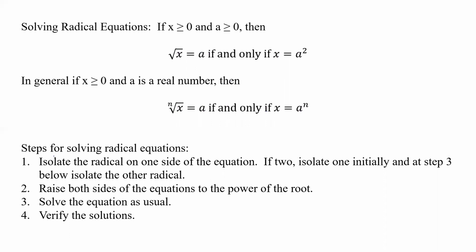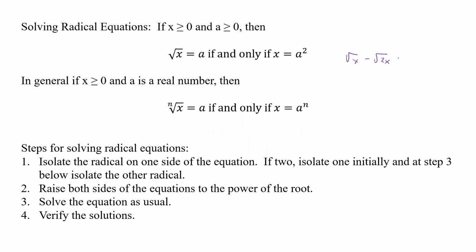So the overall steps for solving radical equations is to first isolate the radical on one side of the equation. So as we see here, the radical is on one side, everything else is on the other. Now, if there are two radicals, say we had maybe the square root of x minus the square root of 2x or something like that, then what we want to do is isolate one on one side, and basically we'll have to do all the steps over once we get so far.